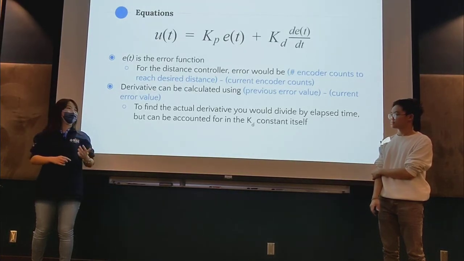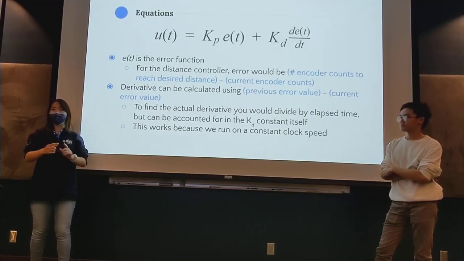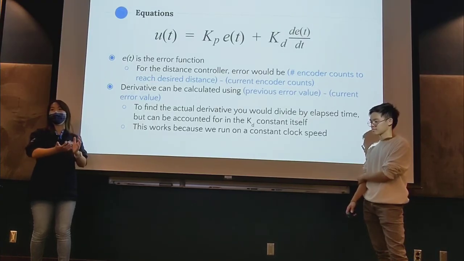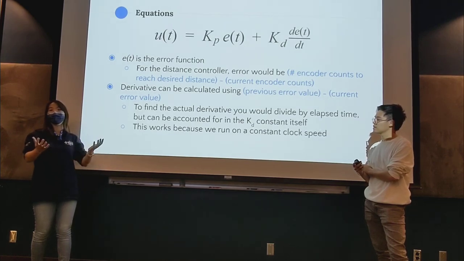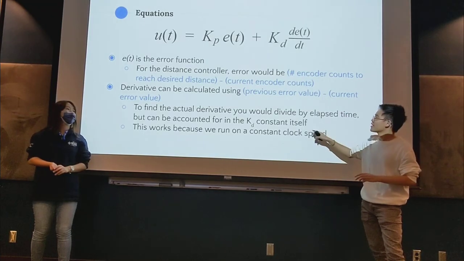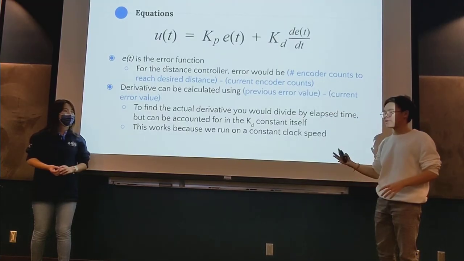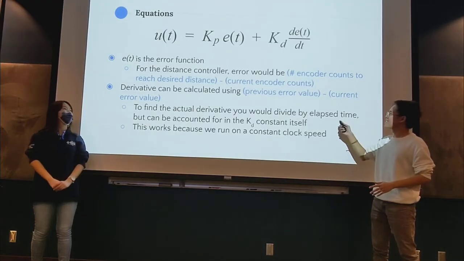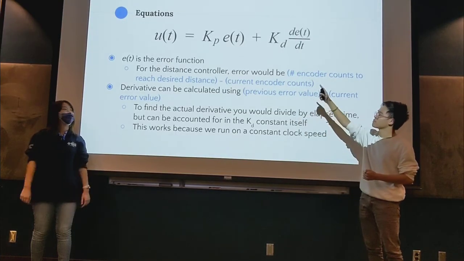Why this works is because we're on a constant clock speed, which already accounts for our change in time being constant, so it doesn't vary with time. So we can just move that into the constant term instead of leaving it with the error term. I'll also add that the time difference between the previous error value and the current error value is really infinitesimal, really small, so it's a really good estimate of our change in the error.